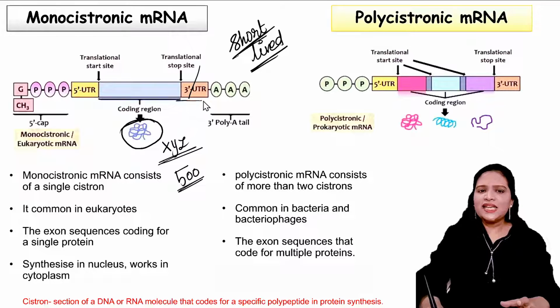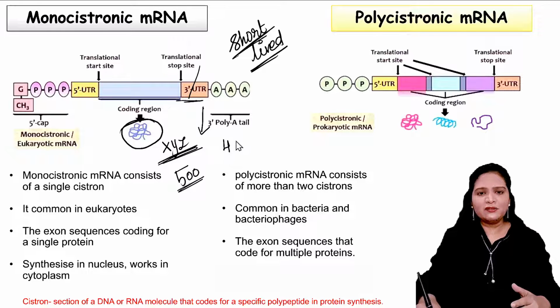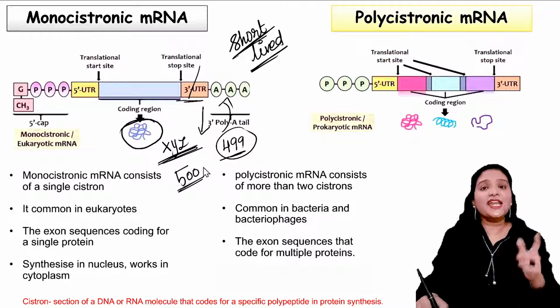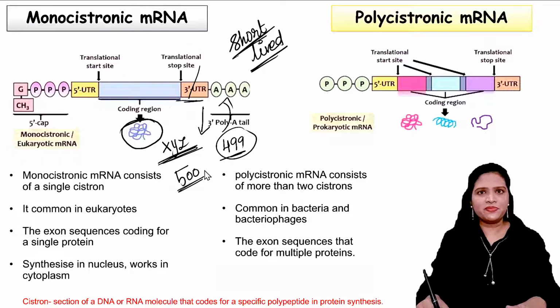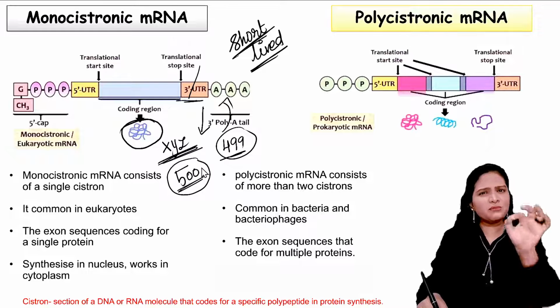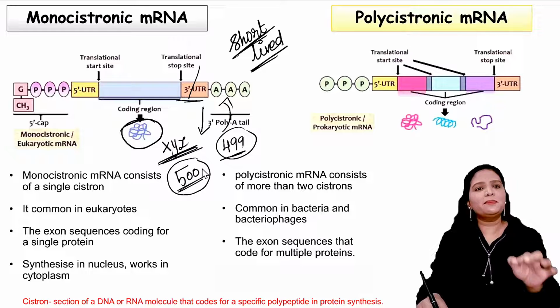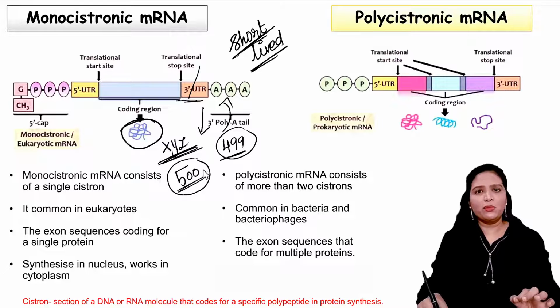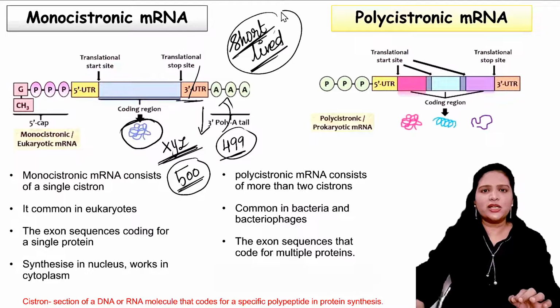Then the same mRNA won't code for all of these XYZ proteins. In order to have another 499 XYZ, another 499 mRNAs have to be produced. So though it is the same protein, each protein has to be coded by a single mRNA only. That's why this is short-lived.